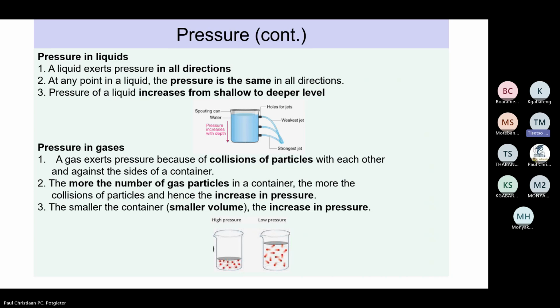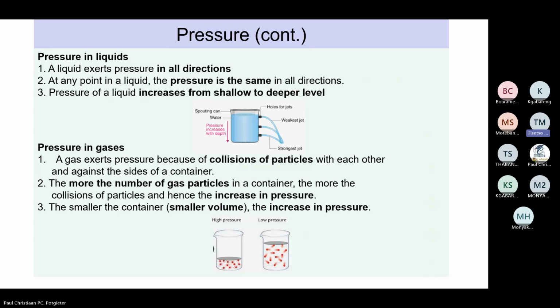which is the smaller the container, or rather the larger the container, I think it was a mistake here. No, the smaller the container, I'm quite right. The smaller the container, which is equivalent to the smaller volume, it means particles are squashed within a small volume. They are closer to one another. There will be more collisions, so there will be an increase in pressure.